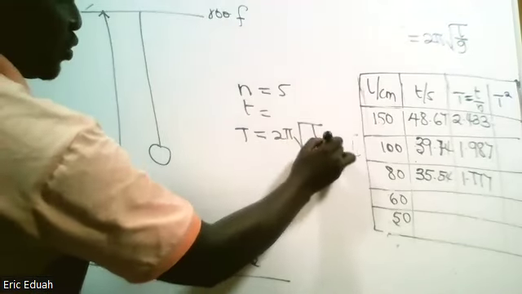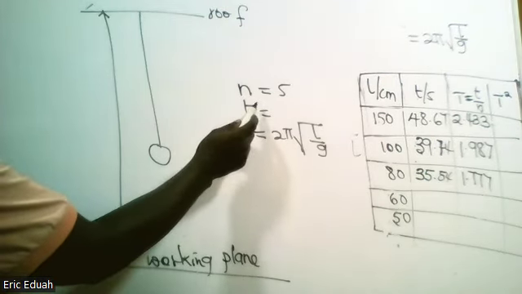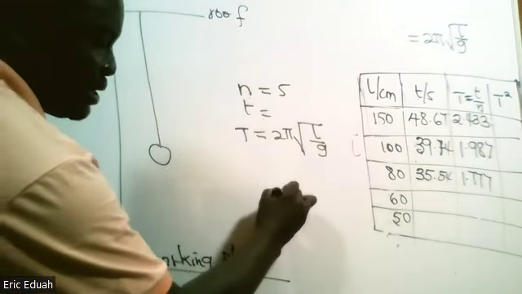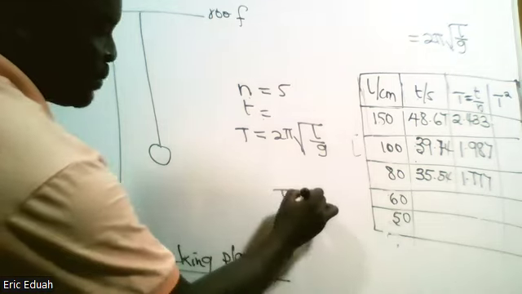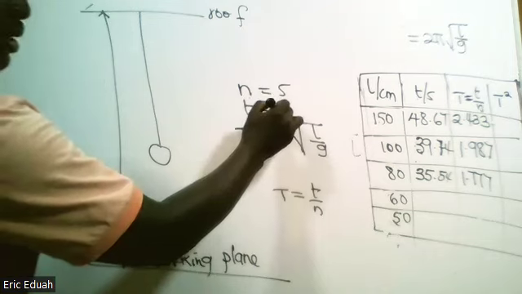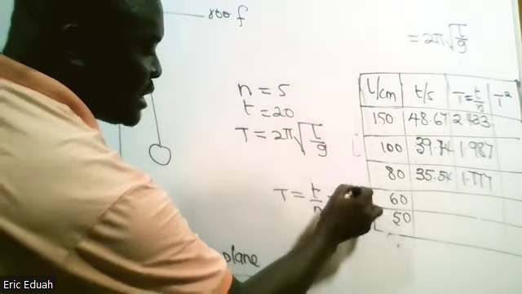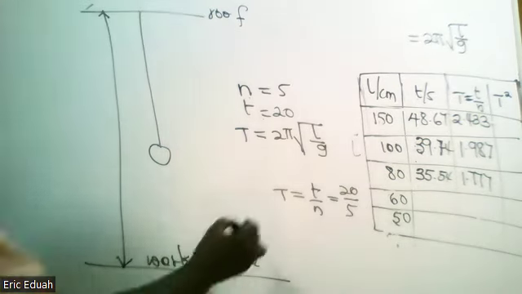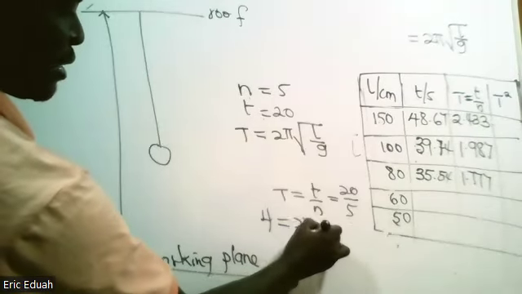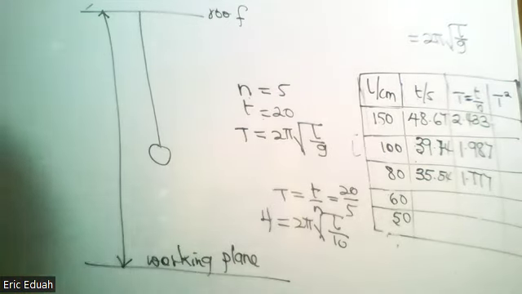You can calculate the period. So the period will be T over N. If maybe you got 20 for 5 oscillations, the period will be 20 over 5, so you have 4 equals 2 pi root of L over g, where g is the constant 10.